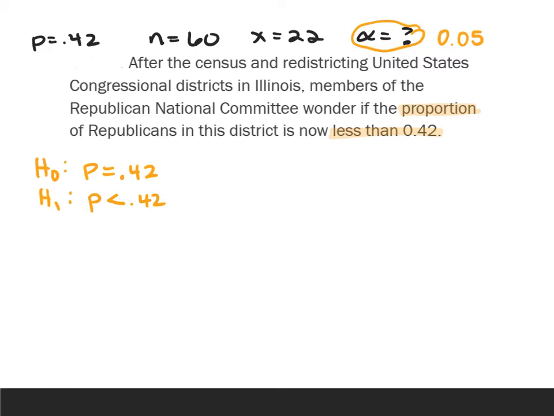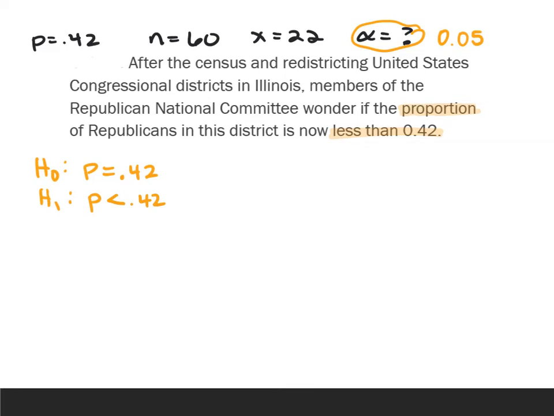Now, if 22 out of 60 was more than 42%, I wouldn't even have to run a hypothesis test. So that's always a good thing to check. If you feel like you might have something that's more than 42, then we wouldn't have a reason to believe that it's less.